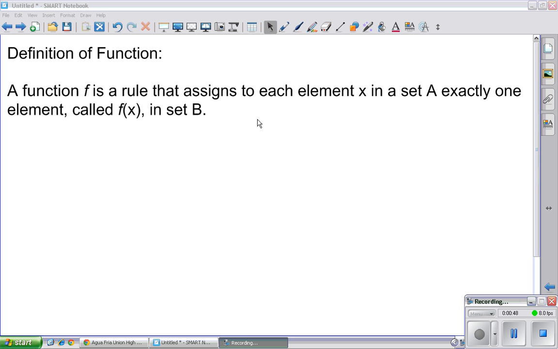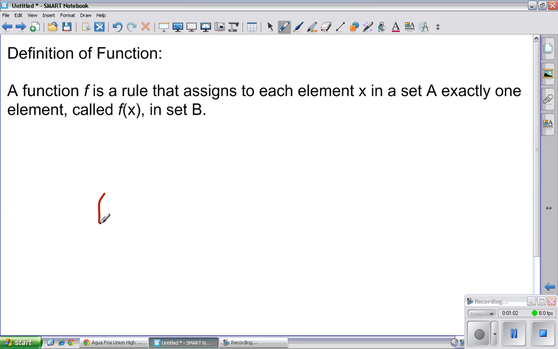So the actual definition of a function is a rule that assigns to each element x in set A exactly one element called f of x in set B. So what that means is we have this set of numbers that we'll call set A with some elements in it.